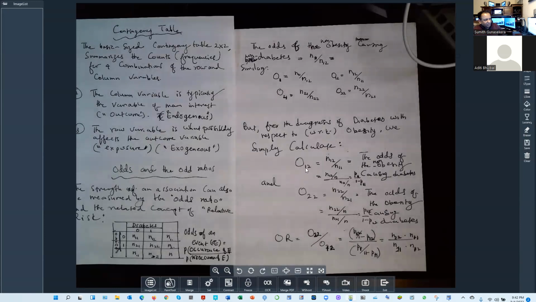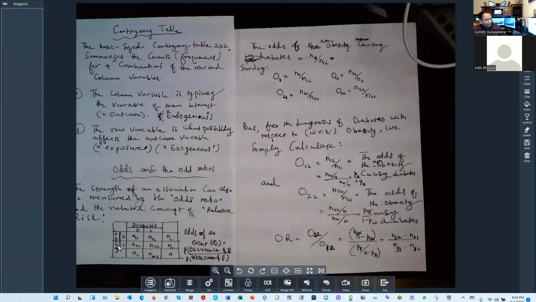For diabetes with respect to obesity, that one is n12 divided by n11. Okay, n12 divided by n11 means the probability of occurrence divided by the non-occurrence probability. This is another way to write it.